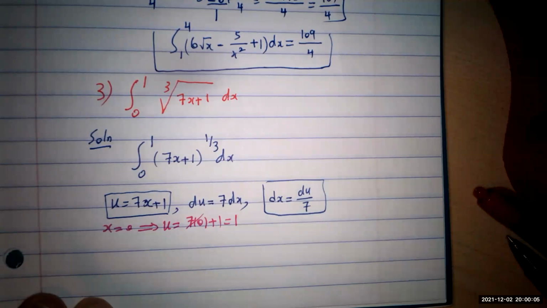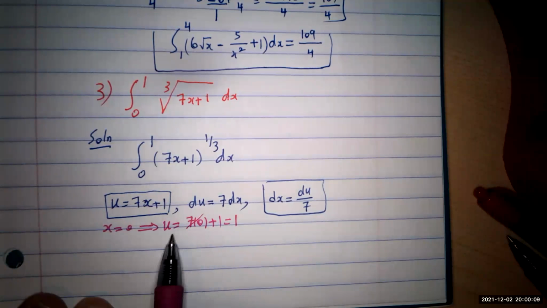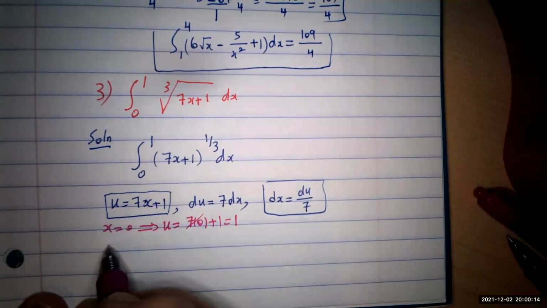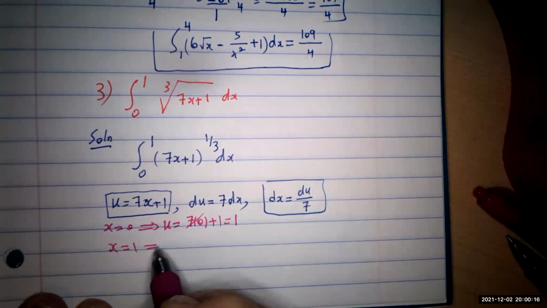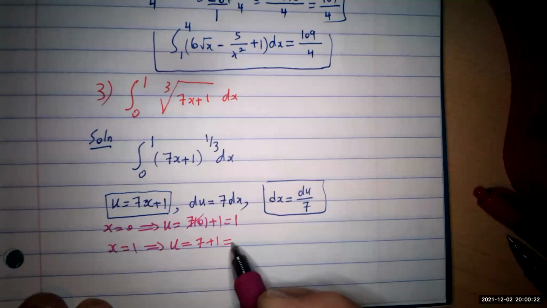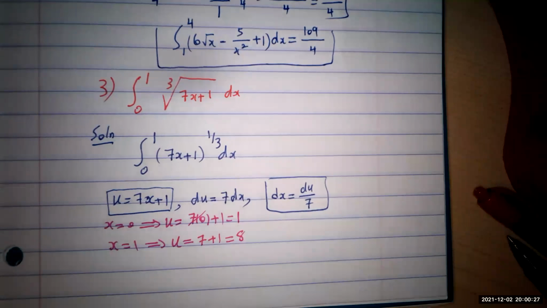So when we change it, the other integral will start from 1. How about when x is equal to 1? Your u would be 7x plus 1, so that gives you 7 plus 1, which is equal to 8. So that's going to be your extra job.